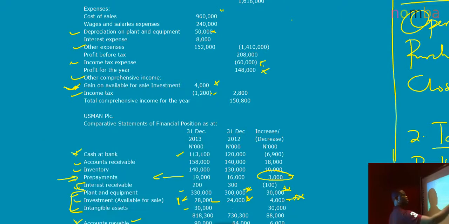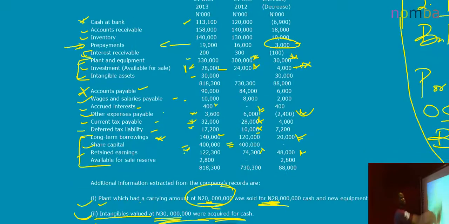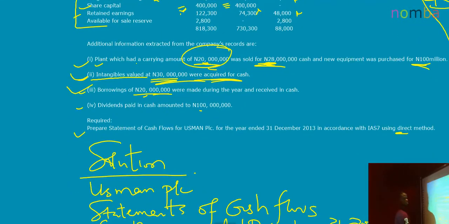The total comprehensive income was 150,000, with an increase in this. But this goes to retained earnings to the extent that it has not been paid as dividend. But as we will have it in the additional note, a dividend was paid in cash amounting to 100,000. So remaining is this 48,000.